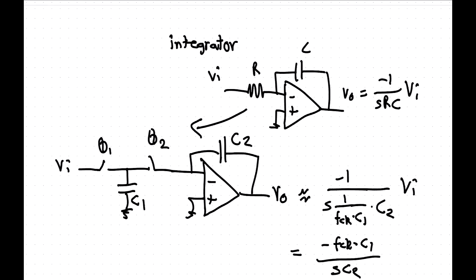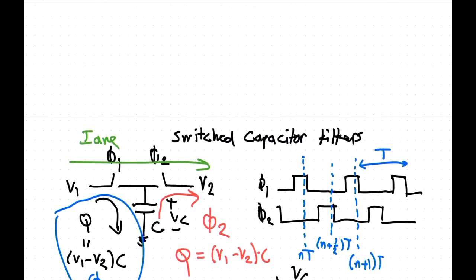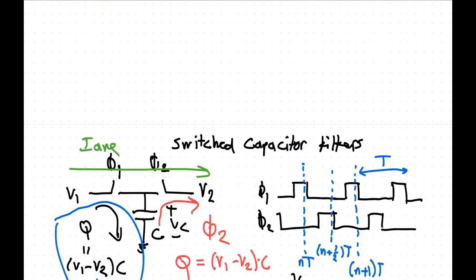Tricky, but why was the charge transfer proportional to the V1 minus V2? If you scroll up a bit. Yeah. Well, why is that V1 minus V2? Okay. So look at the capacitor here.